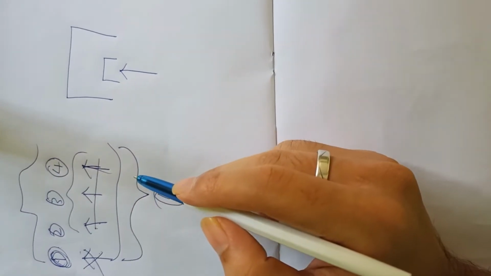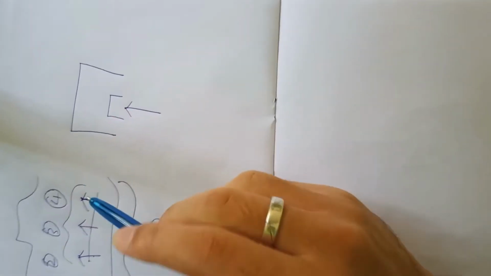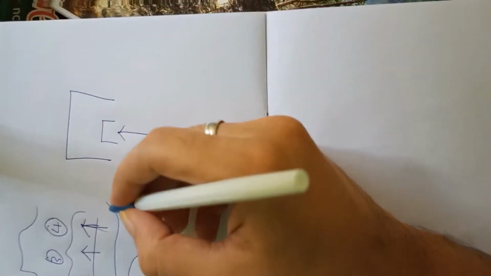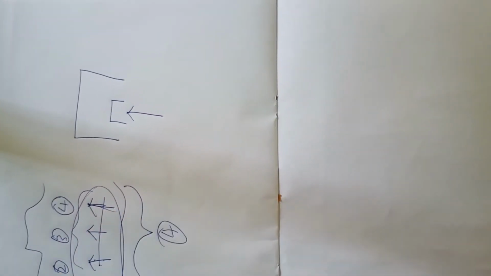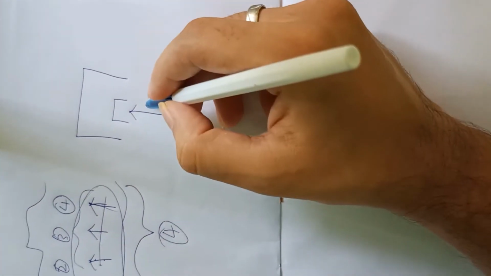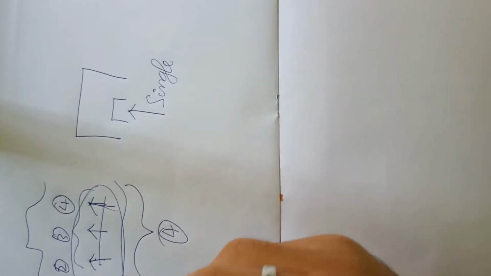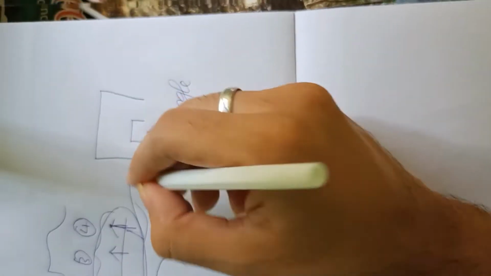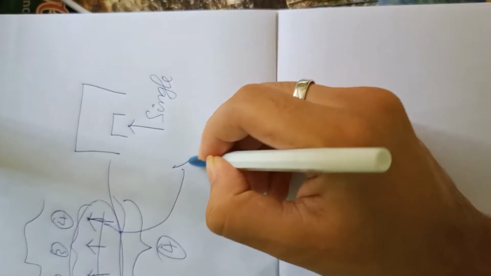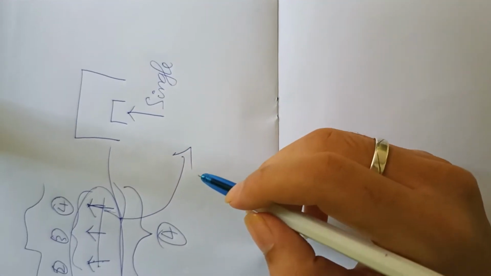Now let's talk about one disadvantage of having multiple ticket counters like this. Though you have multiple ticket counters, you have only a single queue to enter into the cinema theater. So once people get a ticket, they go from here and stand in that single queue to enter into the theater.